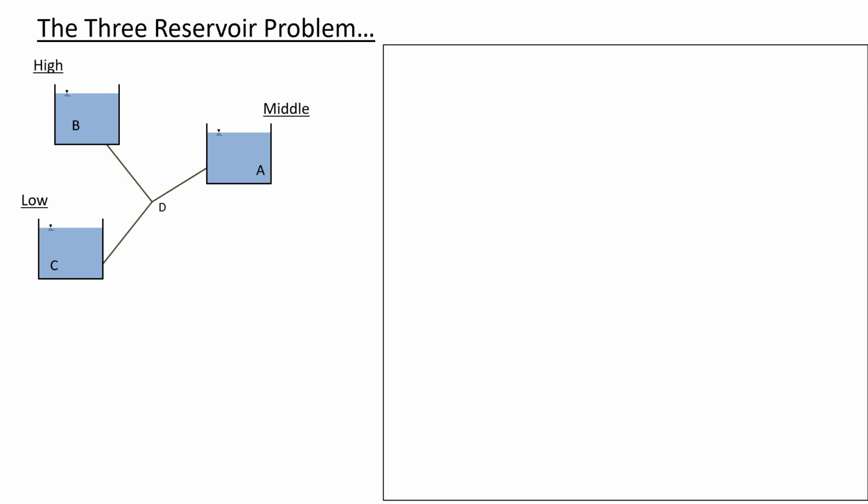So let's take it to the extreme. What if the middle reservoir was at the same elevation as the high reservoir? What if reservoir B and A, both of the water surfaces were at the same elevation? Then what direction would water be coming either into or out of reservoir A if it was the same height as B?